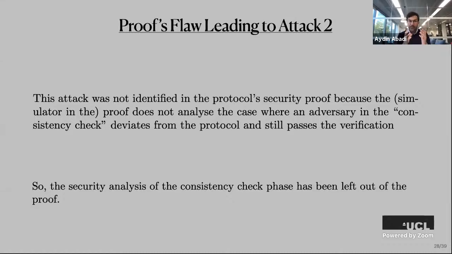However, for attack 2, the security proof did not analyze the misbehavior of the adversary in this consistency check. So this phase has been left out of the protocol analysis and proof. So the proof was incomplete. And the adversary could misbehave in the verification.